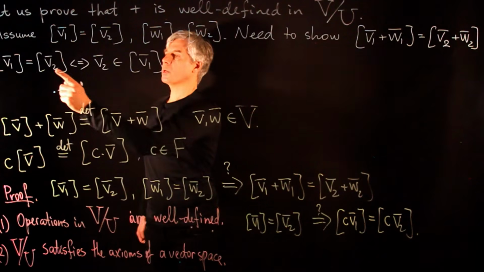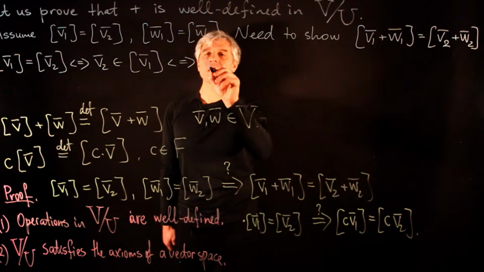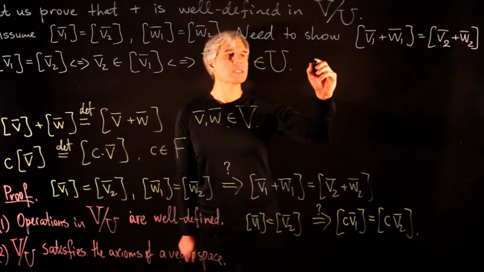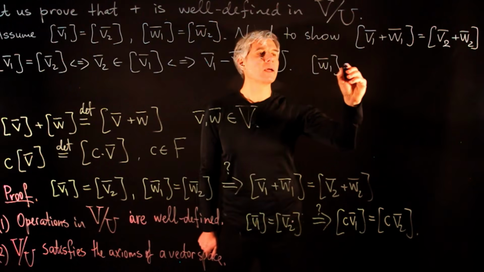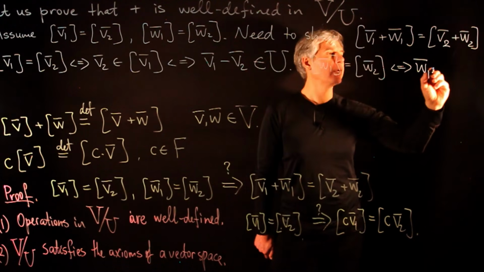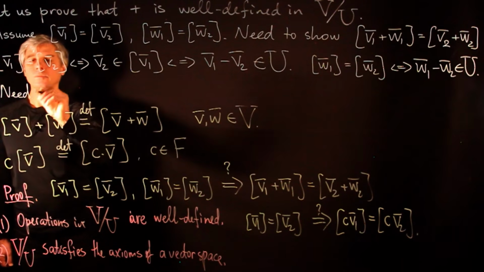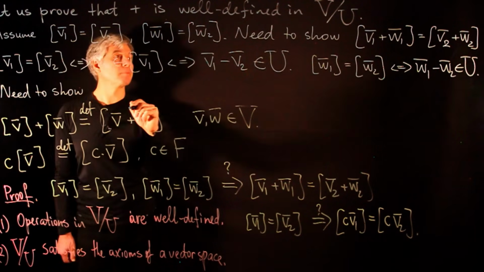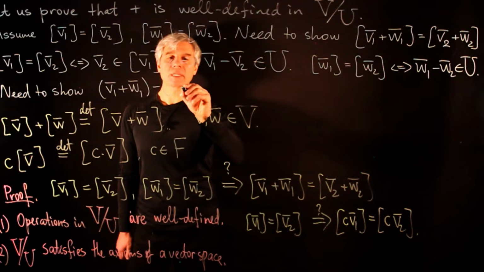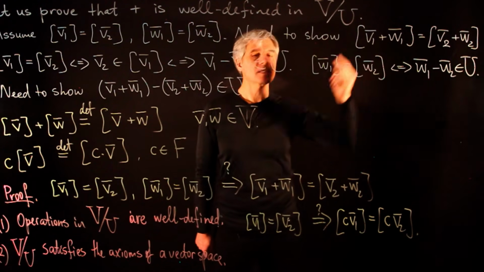So saying that these two equivalence classes are equal is the same as saying that v2 belongs to the equivalence class of v1, and this is equivalent to saying that the difference v1 minus v2 is in the subspace U. Likewise, saying that the equivalence classes of w1 and w2 are the same is equivalent to saying that the difference between w1 and w2 is in the subspace U. And what we need to show is that the difference between v1 plus w1 and v2 plus w2 is also in U, because this says that these two equivalence classes are equal.